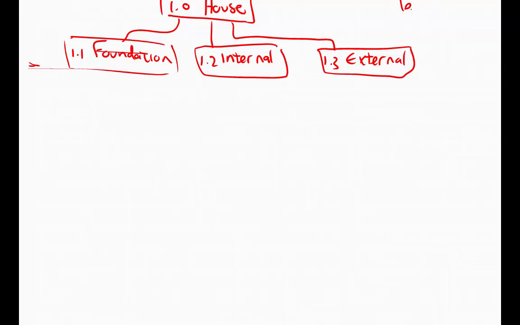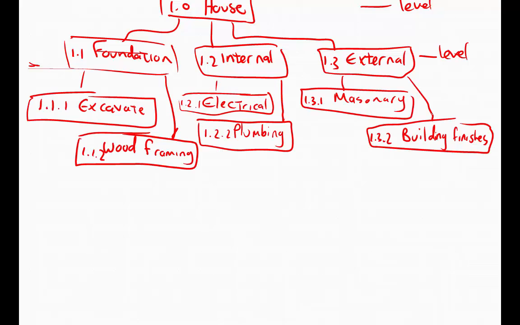So this is your level 1. Level 2 is your deliverable. And then in this particular example, let's create some sub-deliverables, and then you can go down further into each of these sub-deliverables and create your work packages.